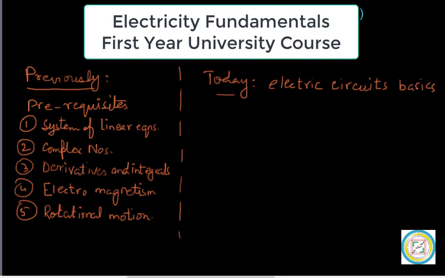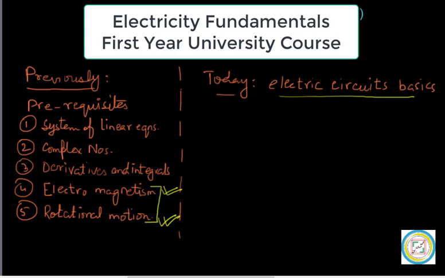Today we are going to talk about the fundamentals of electric circuits. If you remember the last time, we were talking about some revision of electromagnetism and a very small topic of rotational motion.